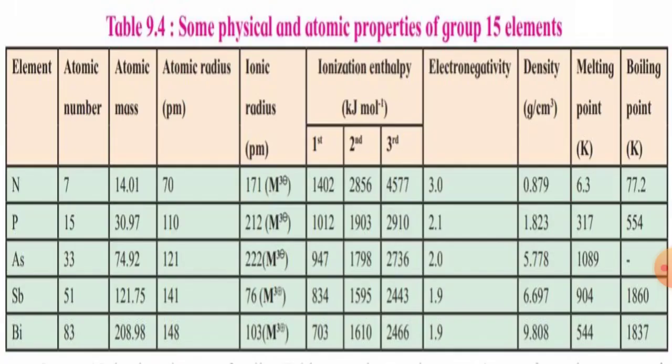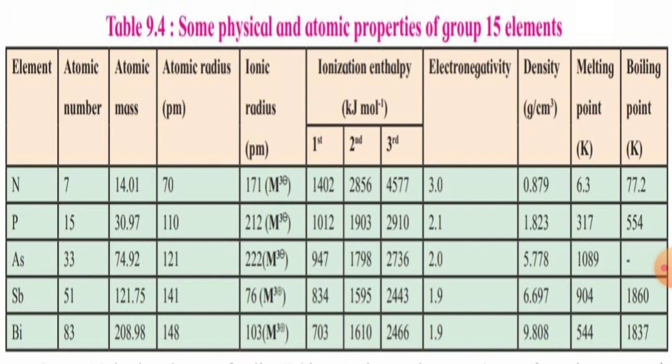This is the table which states the physical and atomic properties of group 15 elements. Group 15 is your nitrogen family, in which five elements are present: nitrogen, phosphorus, arsenic, antimony and bismuth.